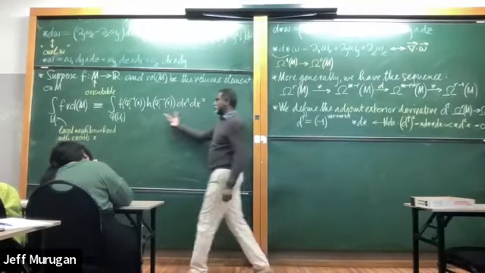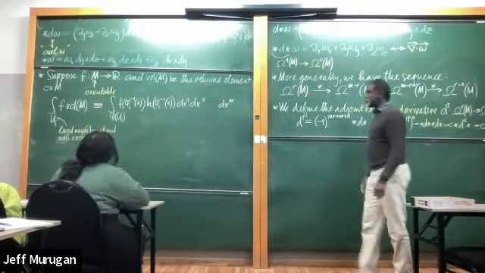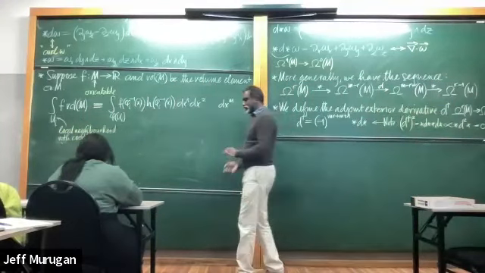You remember the volume form was defined up to some strictly positive function h, and that's the function that I'm interested in.